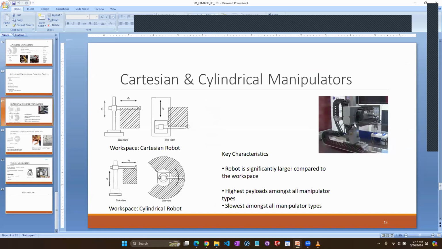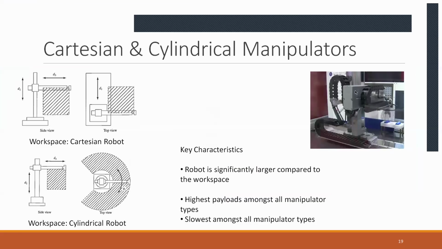But the thing is that these Cartesian robots have screws built into them, at least for the axes working against gravity. Unlike revolute joints, these screws or prismatic joints perform well against gravity. But adversely, they are also slower due to the reduction in the screws. So Cartesian robots and cylindrical robots are kind of the slowest among all manipulator types.